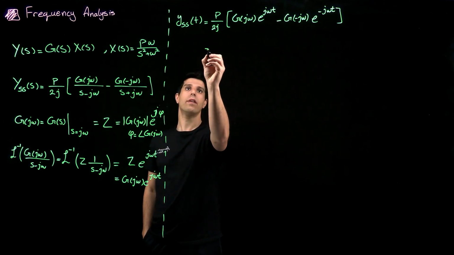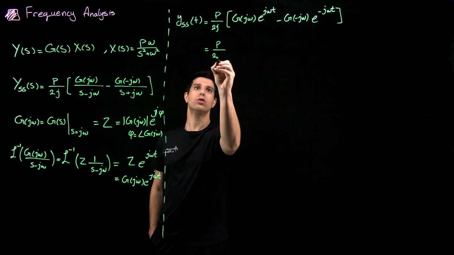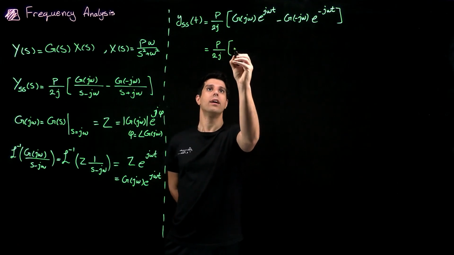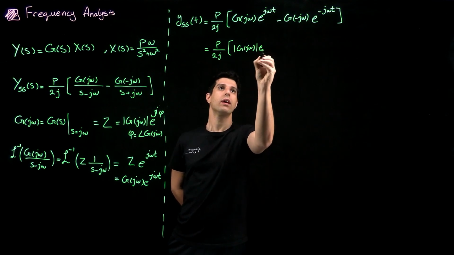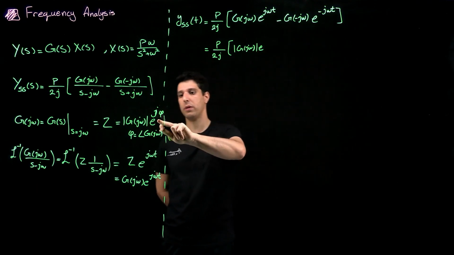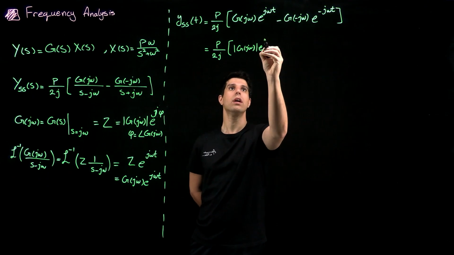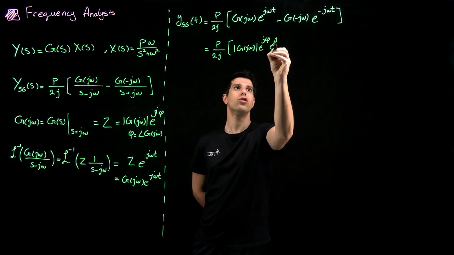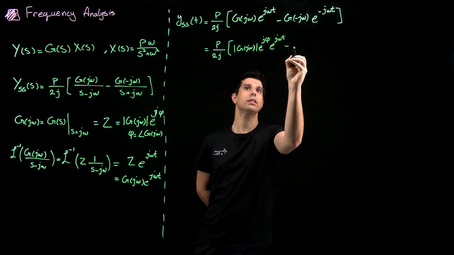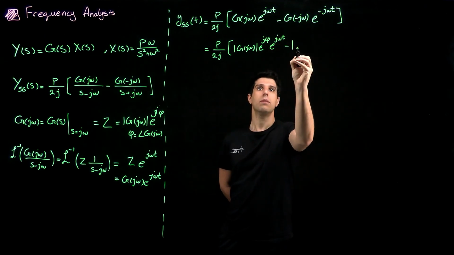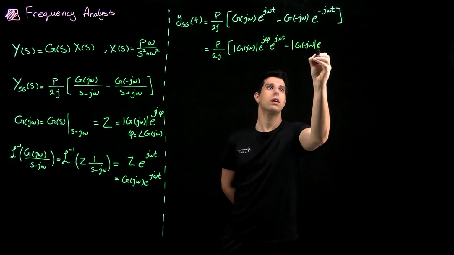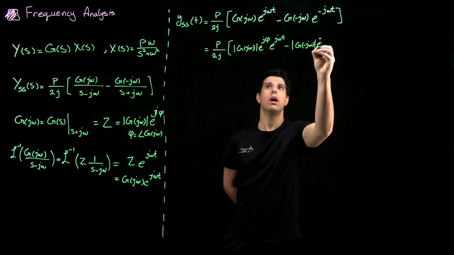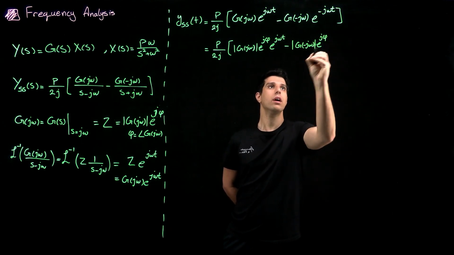So I have p over 2j, norm of g of j omega, e to the j phi, e to the j omega t, minus the same number, g of minus j omega, e to the j phi.